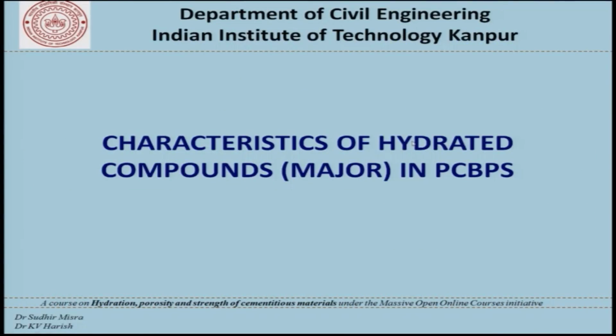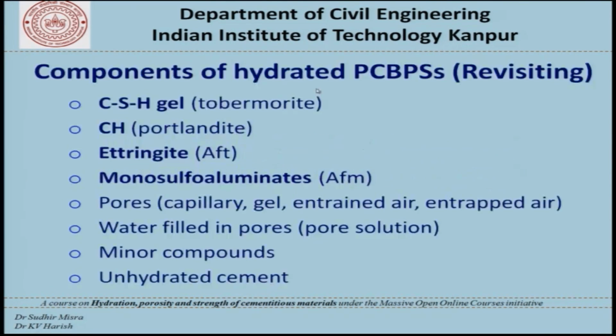Now the next topic is characteristics of hydrated compounds, and primarily what we will see is the major hydrated compounds in the system. So we have already seen that the components of hydrated system includes calcium silicate hydrate gel, calcium hydroxide called as Portlandite, ettringite, AFT, monosulfoaluminates AFM, and you have pores, water filled pores, minor compounds, and unhydrated cement.